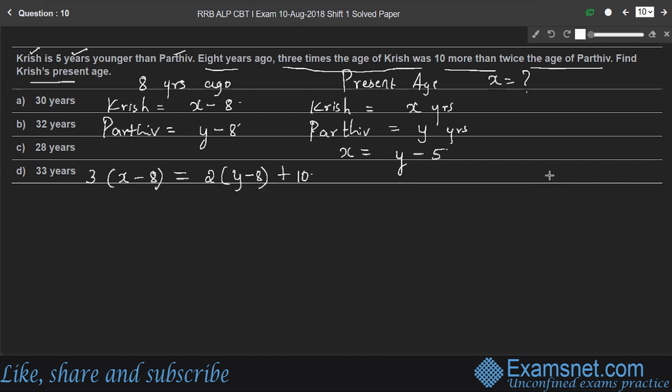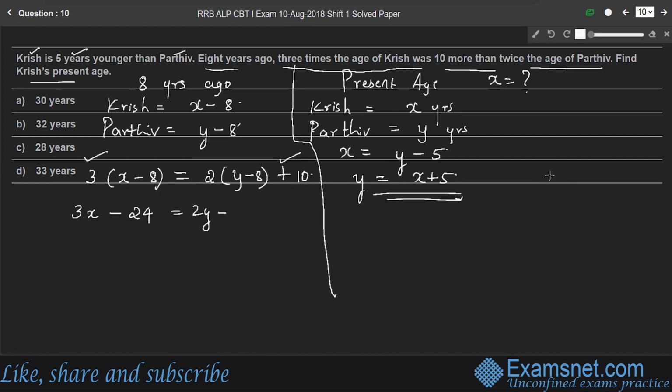Since we are going to find the value of X, let us consider Y in terms of X. Based on the present ages of Krish and Parthiv, Y becomes X plus 5. Considering the relation between their ages 8 years ago, 3 into X minus 3 into 8, which is 24, is equal to 2Y minus 16 plus 10. Therefore, 3X is equal to 2Y minus 16 plus 10, which is minus 6, plus 24 becomes plus 18.